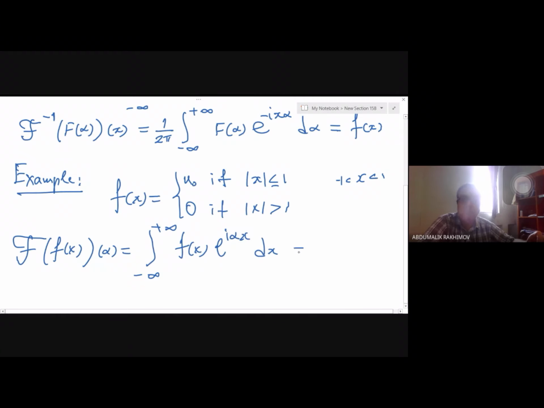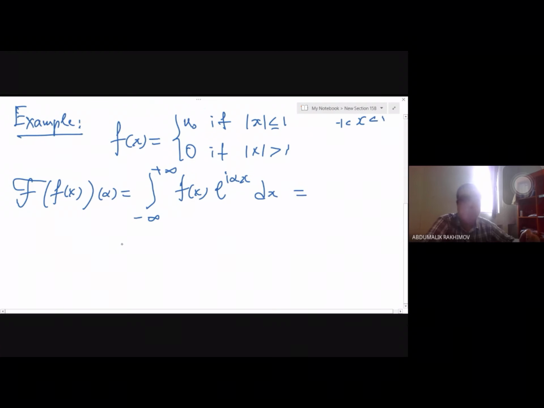And if you substitute f, the integral is not from minus infinity to plus infinity, because f outside of the interval from -1 to 1 is 0. It will be the integral from -1 to 1. So f(x) is now, in this interval, u0, and outside of this interval 0, right? Exponential iota alpha x dx.